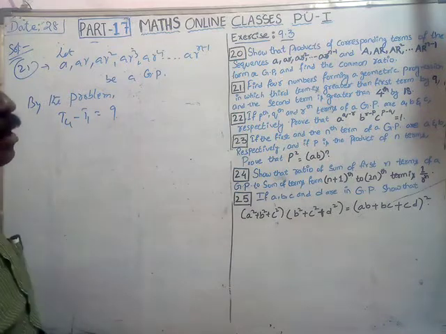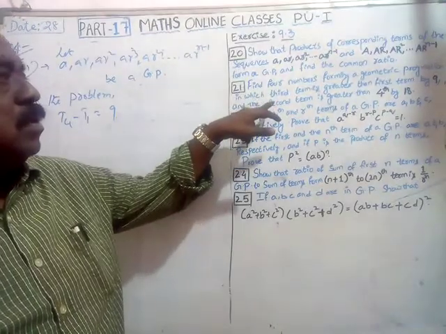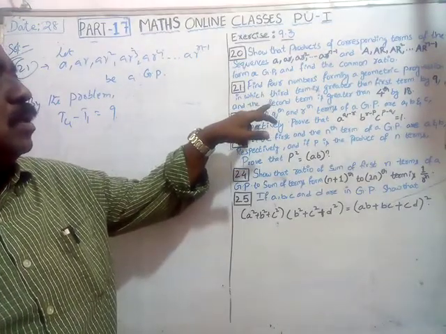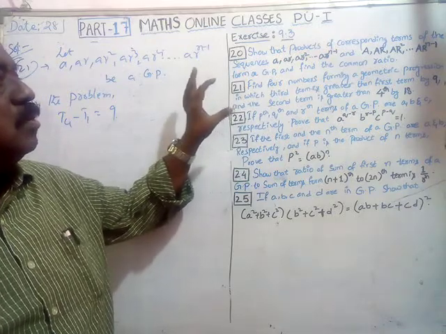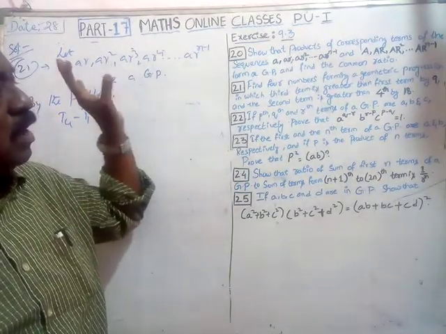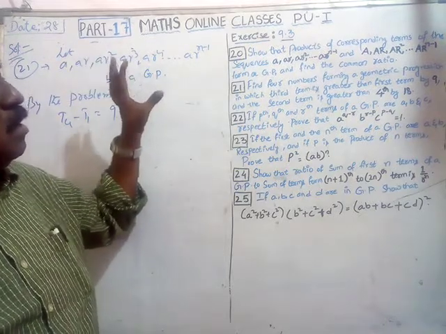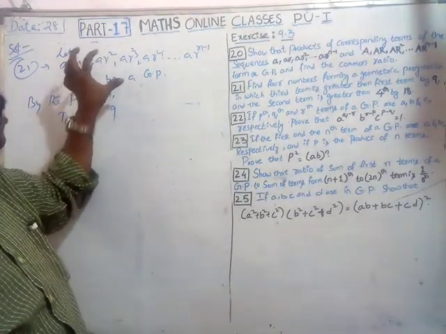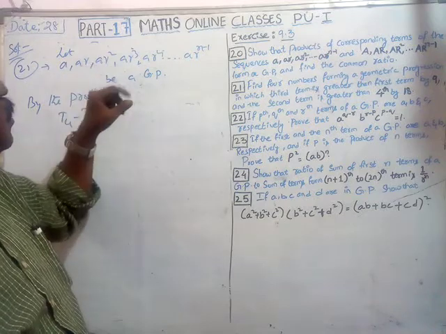You see, four terms are there, but I am writing n terms, not needed. Let it be. It is a GP, and in that one, four terms we have to consider: 1, 2, 3, 4.